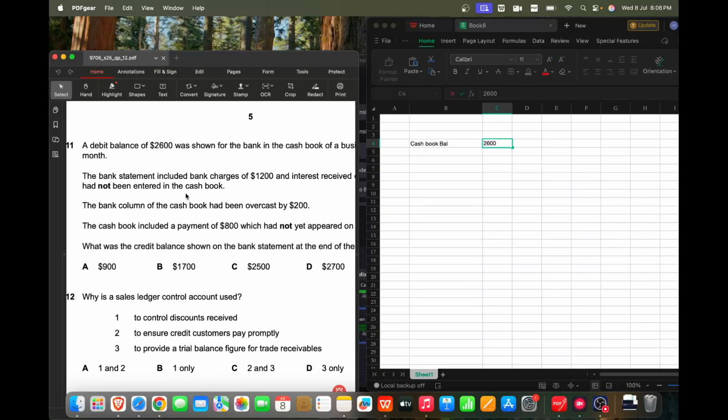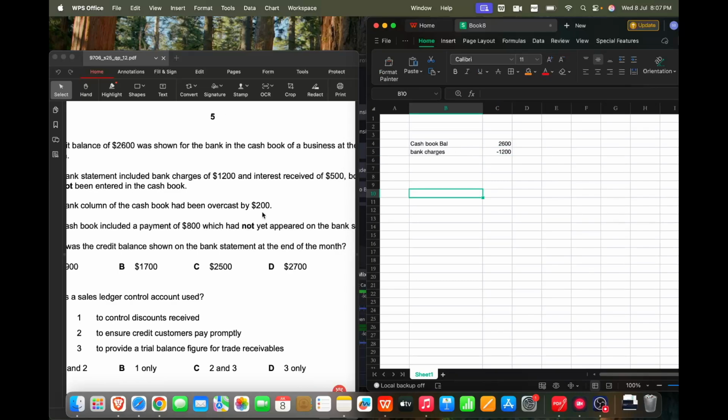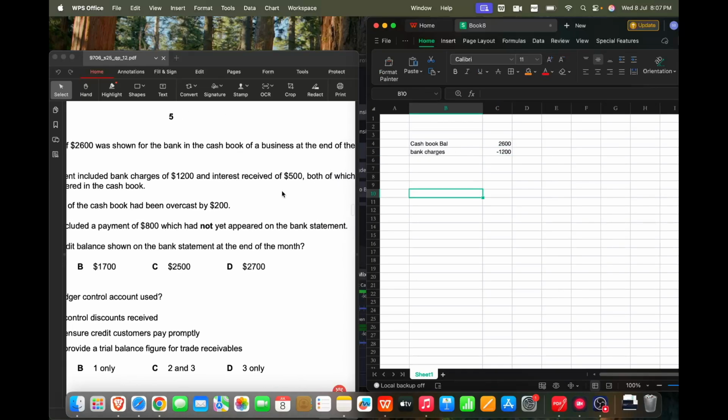Now first one, it says the bank statement includes bank charges of 1200. Now if I want to find out the bank balance as per the bank statement, then these charges need to be taken into consideration, and these charges are 1200, so we'll simply subtract this. Bank charges 1200, and then it says we received interest of 500, so that also needs to be included.